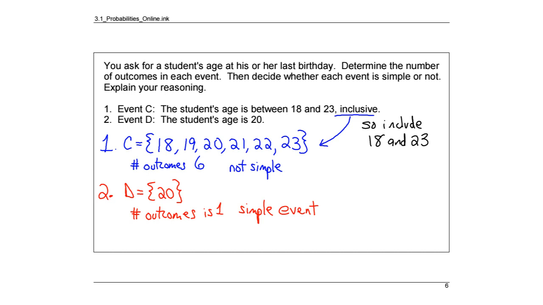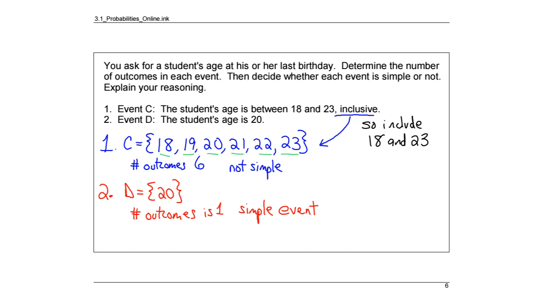So we're going to start with 18, and the student could be 18, 19, 20, 21, 22, or 23. So we're including 18 and 23. If that word inclusive had not been here, then we would not have included 18 and 23. We would only want the years between those 2, but it is there. So we have 6 outcomes. That means it's not simple, because to be simple, it has to only have 1 outcome.